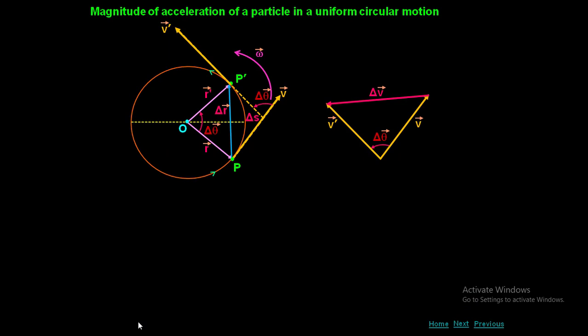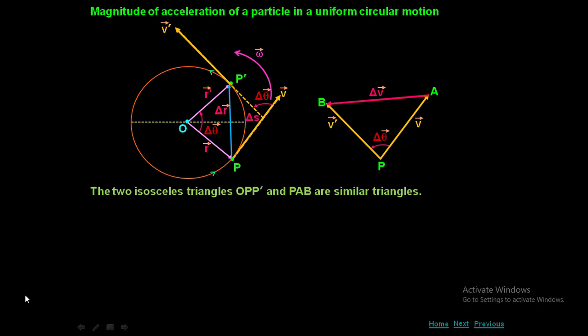Magnitude of acceleration of a particle in a uniform circular motion. So what is the value actually? Now if you consider the two isosceles triangles OPP dash and PAB, you can see this is OPP dash and this is PAB. Therefore, both are isosceles and similar triangles.